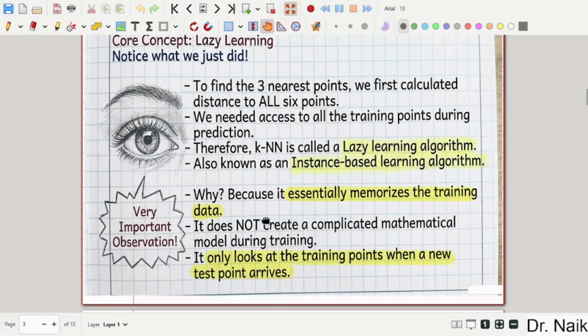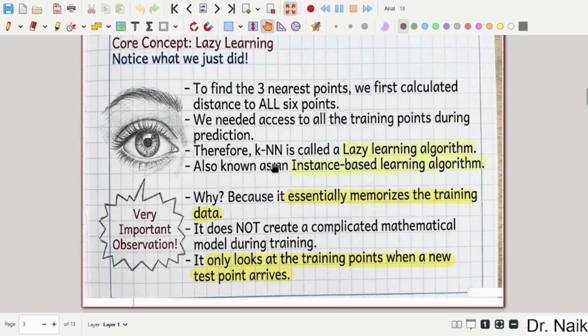Now understand why we call KNN a lazy learning algorithm or instance based learning algorithm. In our current example, to find the 3 nearest points, we must first calculate the distance between the test point and all the 6 points. That means we need all the training data for this prediction.